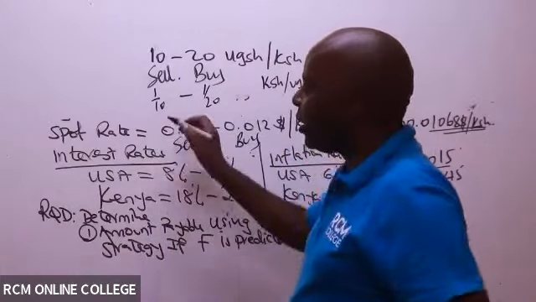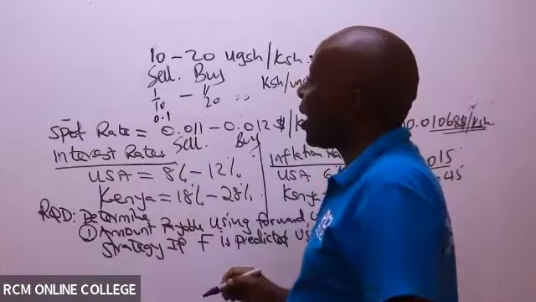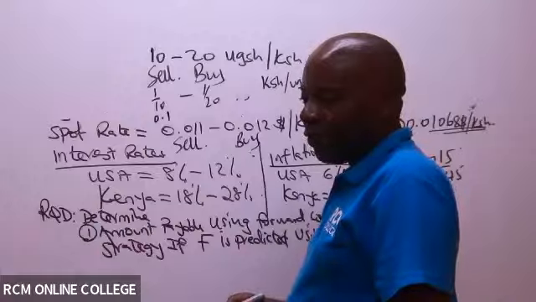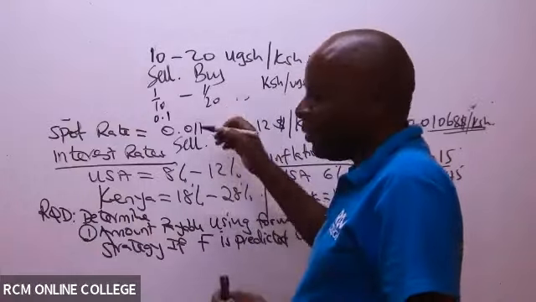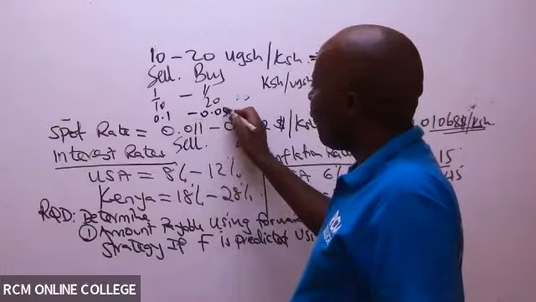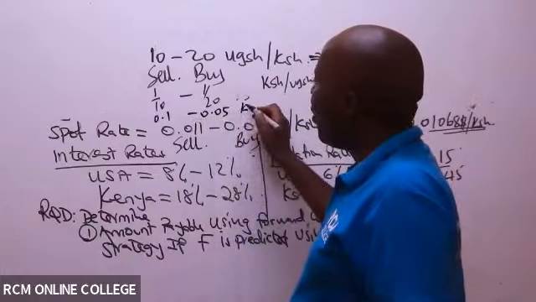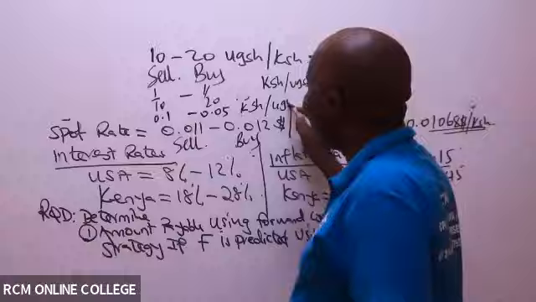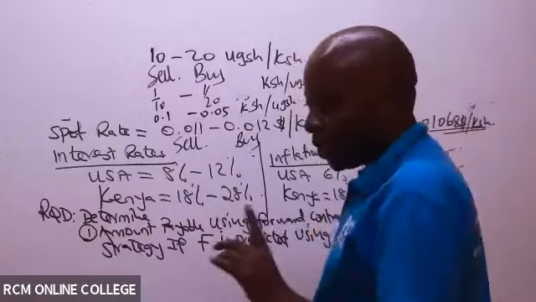This is 0.1. How about 1/20? Somebody give me this from your calculators, please. 0.05. So remember, these are now Kenya shillings per Uganda shilling.